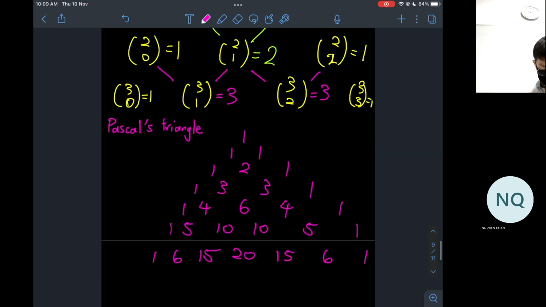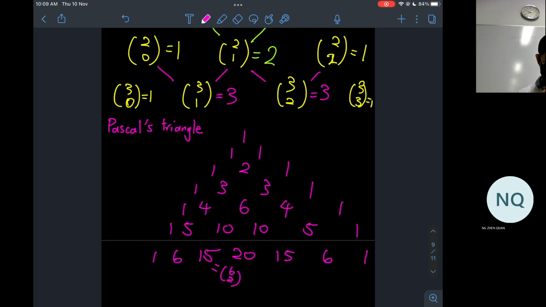So you already computed up to the 6th expansion of the binomial expansion. You don't need to use the factorial, just keep writing out the Pascal triangle.